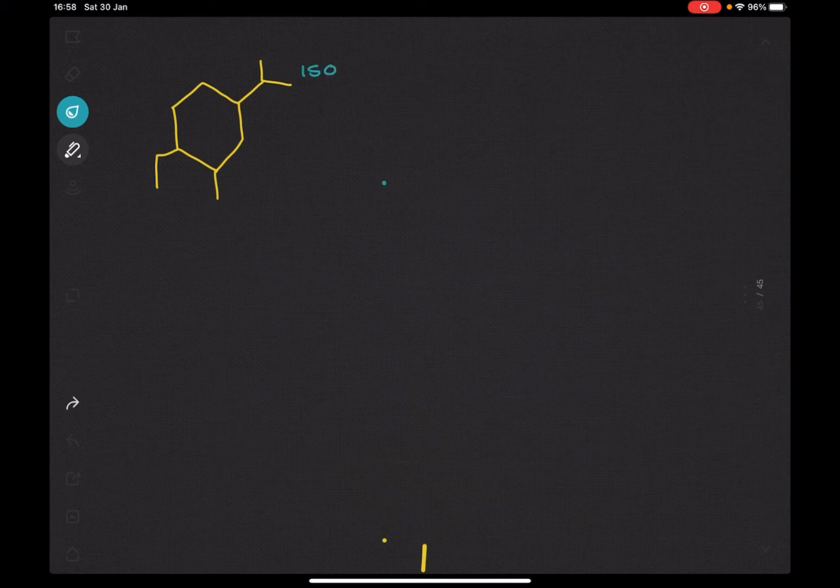I have isopropyl here. I have methyl here. And I have ethyl here. So because I have more than one, I have to give them allocation carbon, and I have 6, right? The rule says that you start with alphabetical order. In this case, the number 1 will belong to ethyl.